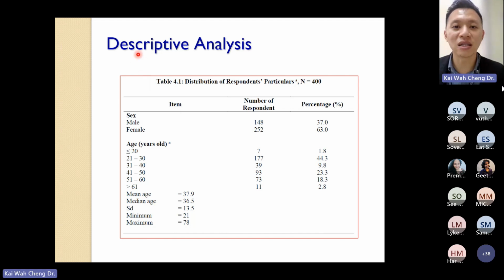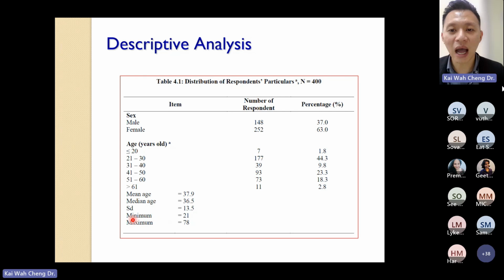We call it descriptive analysis because we are showing the research output by using number, percentage, mean value, median value, standard deviation, maximum value, and minimum value.